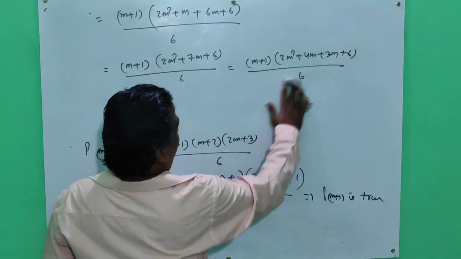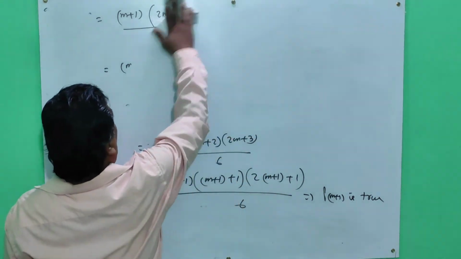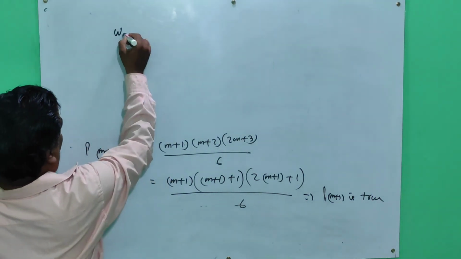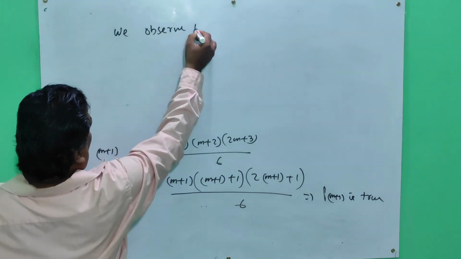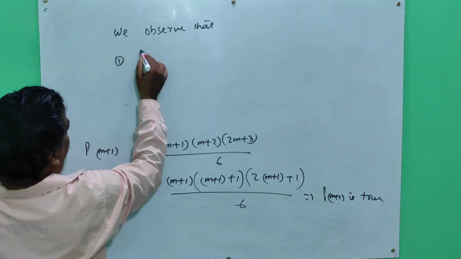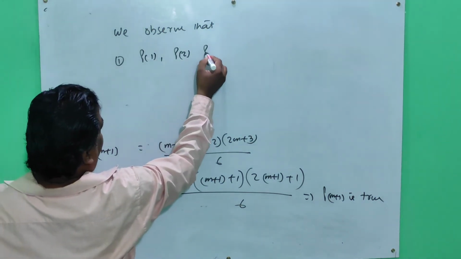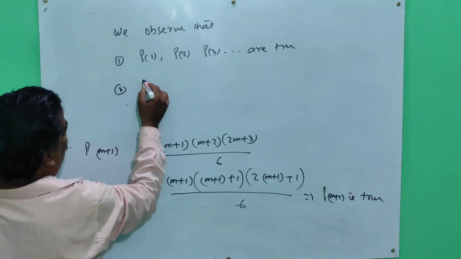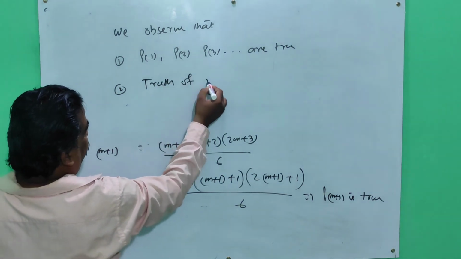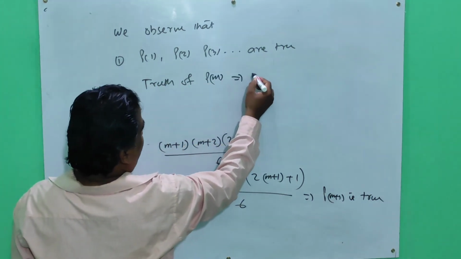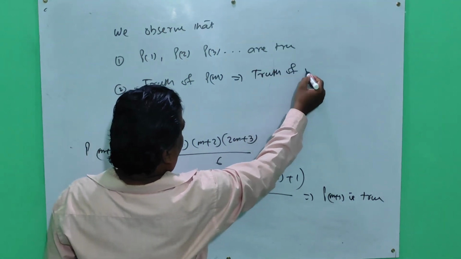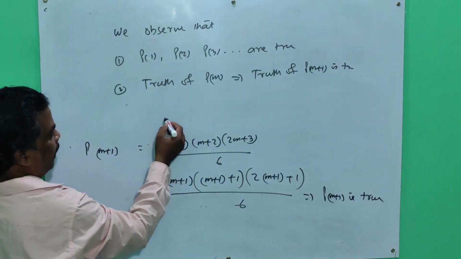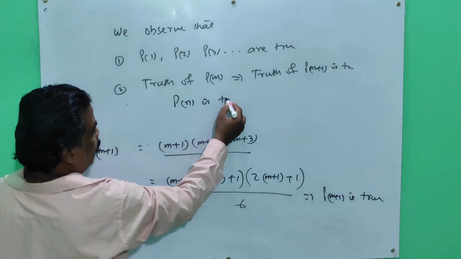Now we observe that number 1, P1, P2, P3 dot dot are true. Number 2, the truth of Pm implies the truth of P(m+1). Hence by the principle of induction, Pn is true.